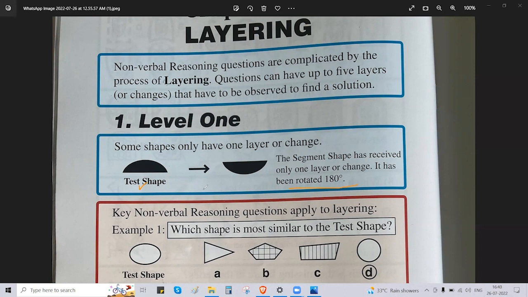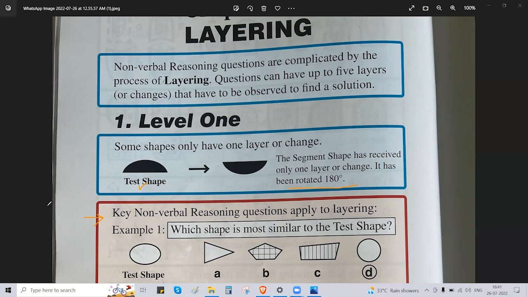Let's try an example related to it. Please read this one for me. It says example 1, which shape is most similar to the test shape? Give it a try. Is the answer D? Why is it D?